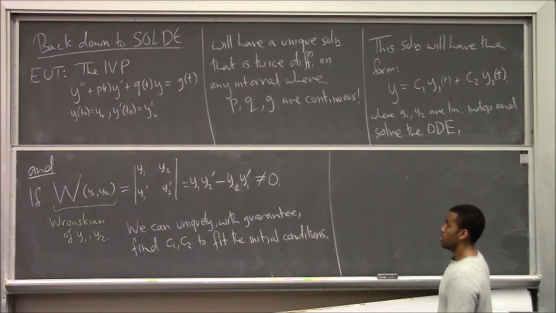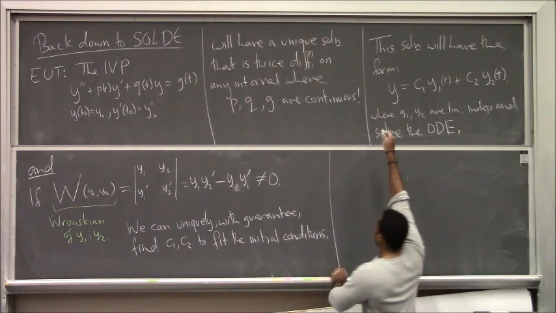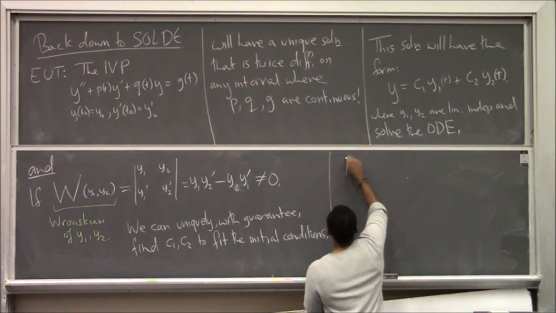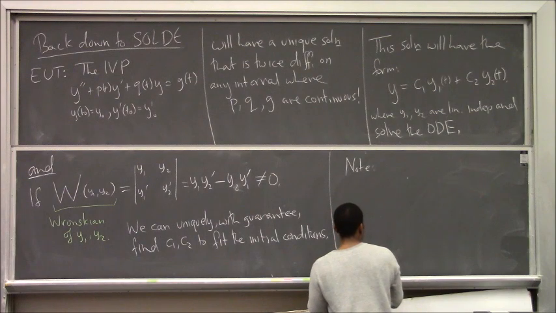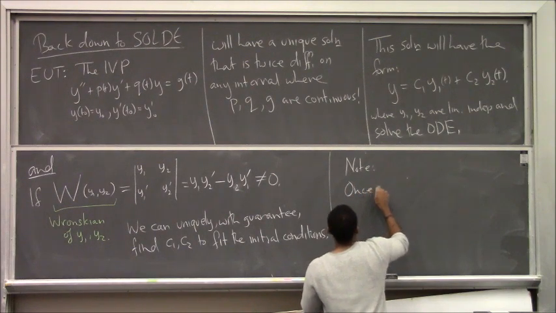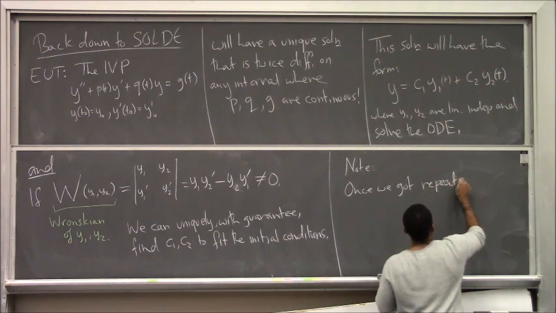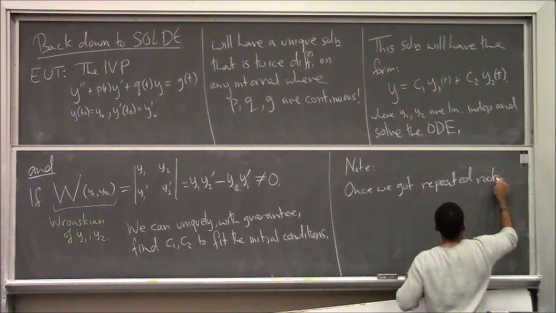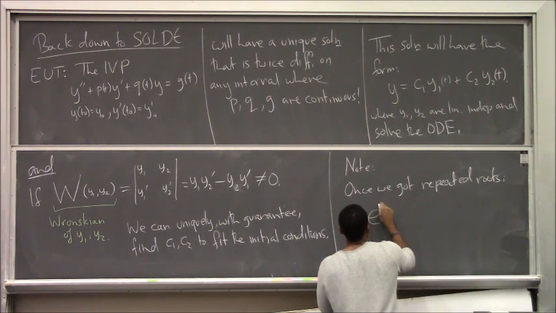Now, it's worth mentioning, I don't remember the answers. Once we got repeated roots, let's say we found e to the 2t by reduction of order.